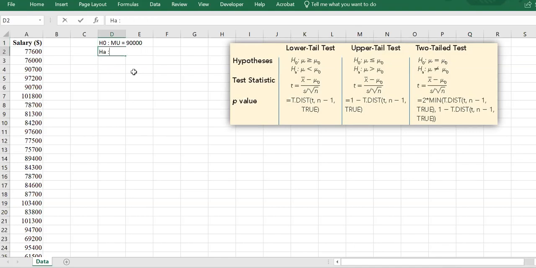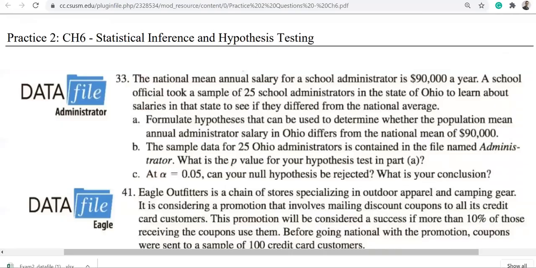Alternative hypothesis, mu is not equal to 90,000. Alpha in this question is 5%.